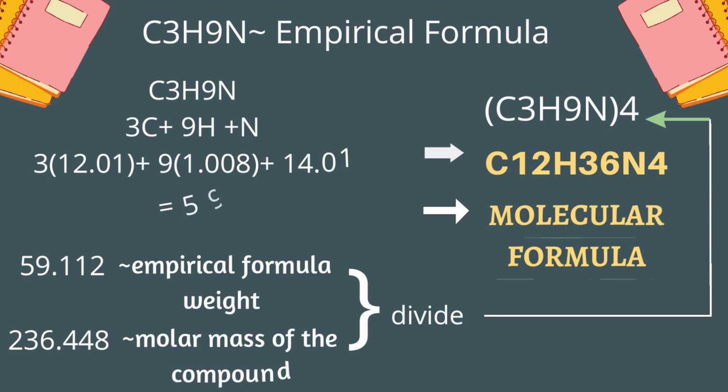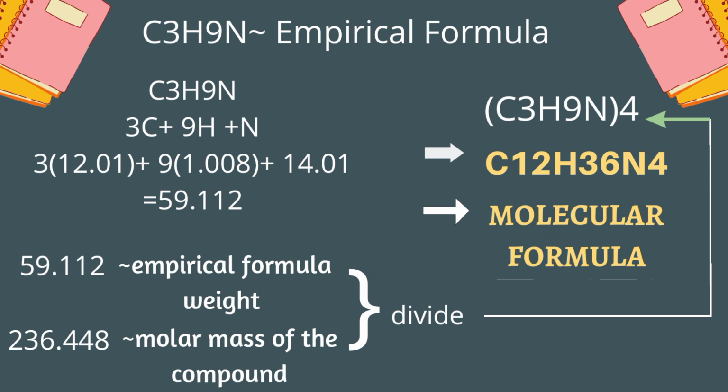Now let us find the molecular formula for C3H9N. So we have to find the molar mass of the empirical formula, or empirical formula weight. So we have 3 carbon atoms, 9 hydrogen atoms, and 1 nitrogen atom.